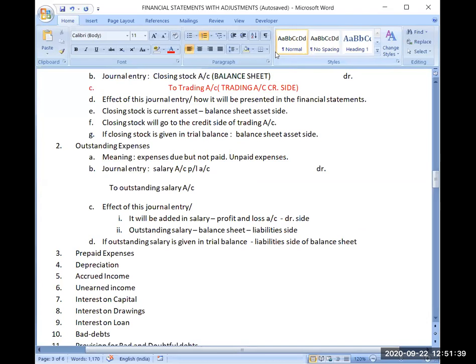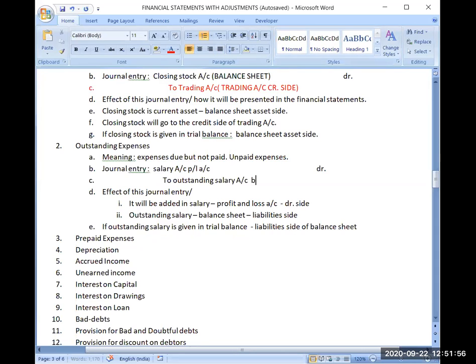Yes, very good. Your answers are correct that it will go to the balance sheet. But now in the balance sheet, where should I write it, in liabilities or in assets? Yes, it will go to the liabilities side, because outstanding salary is your liability.